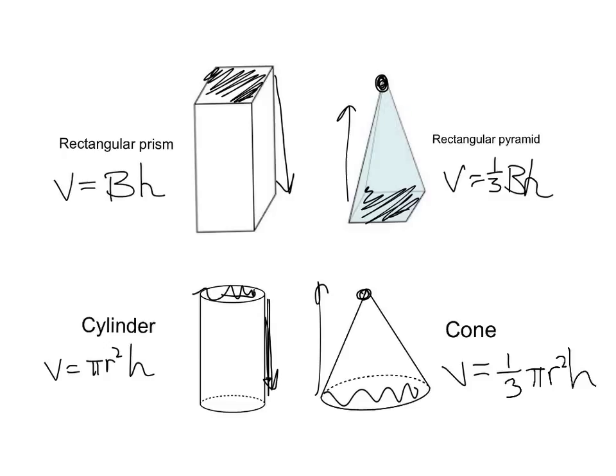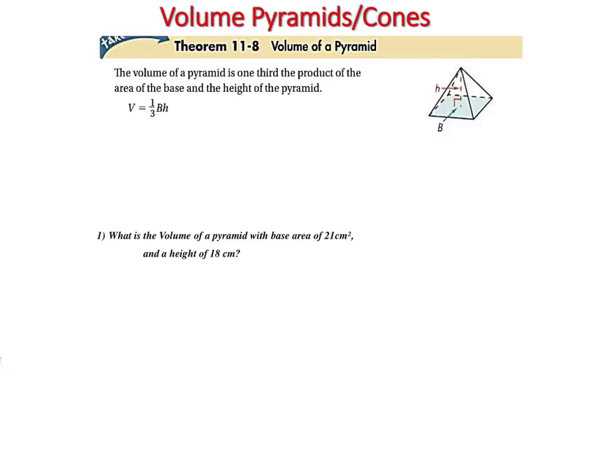So making this connection, what we see is that when it comes to a point, such as in a pyramid or a cone, we need this extra 1/3 factor compared to a prism or a cylinder. And again, the key idea is that this is a capital B because that's the area of the bottom of the pyramid.